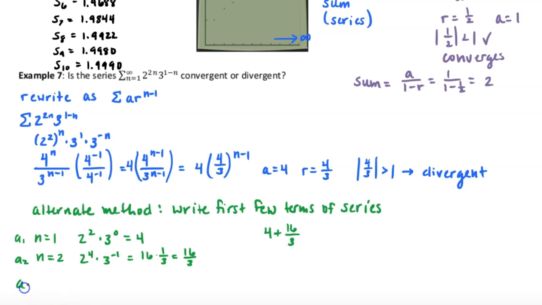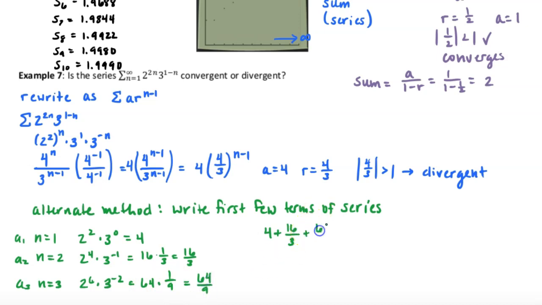Let's do one more, A3 for n equals 3. When I plug in a 3, I get 2 to the power of 6. 2 to the power of 6 is 64. I'm multiplying this by 3 to the power of negative 2. And I get 64 times 1 over 3 squared, which is 9. And so this is going to be 64 ninths.